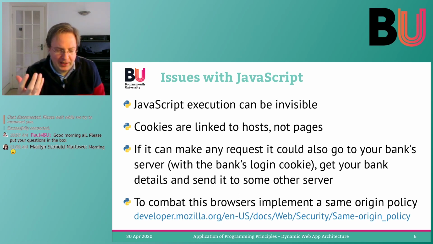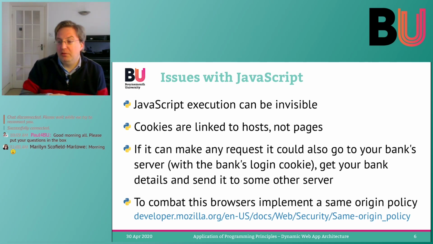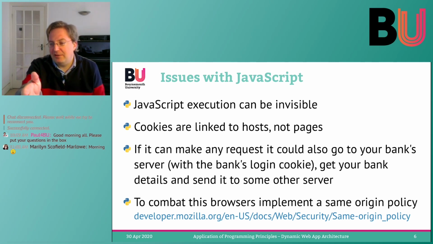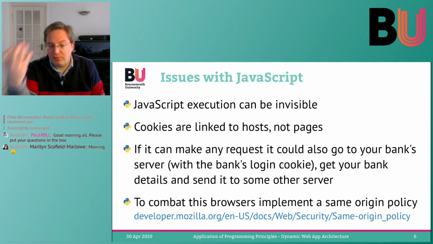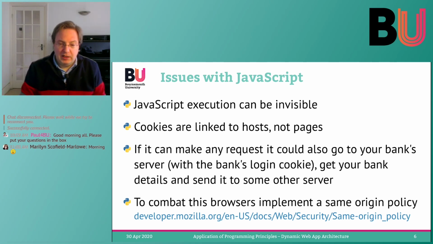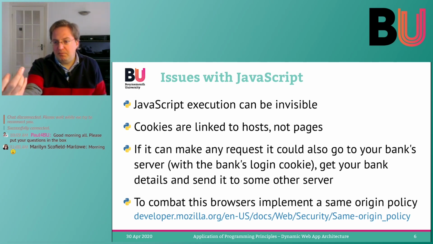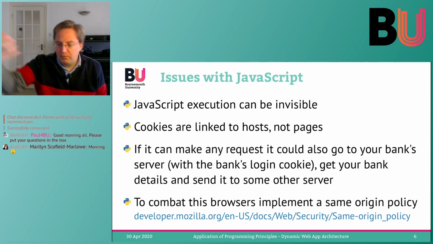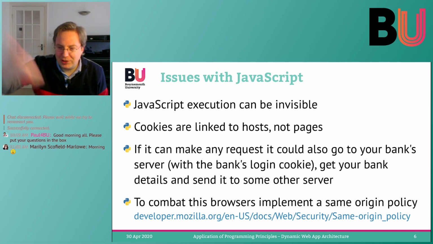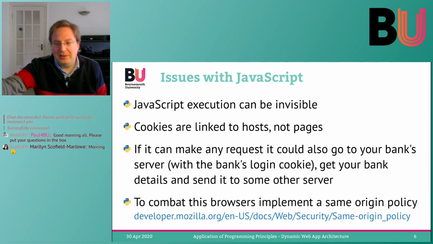So if a web page from host A wants to make a request to host B, the browser will look up the cookies for host B, send those along, and then get the result.